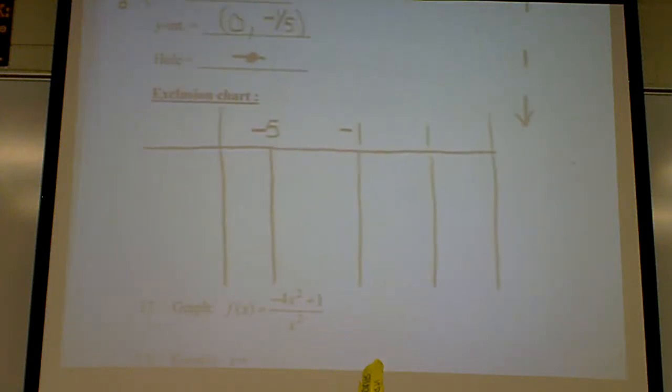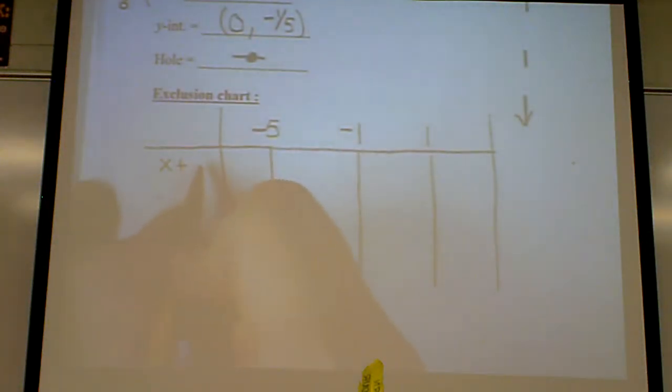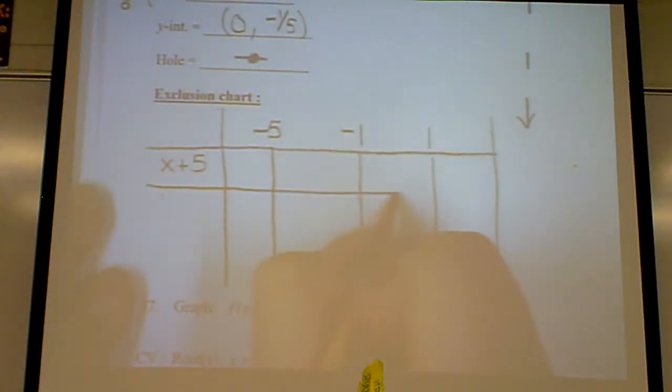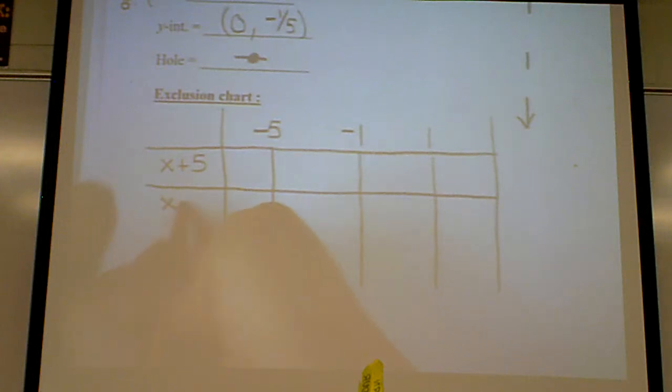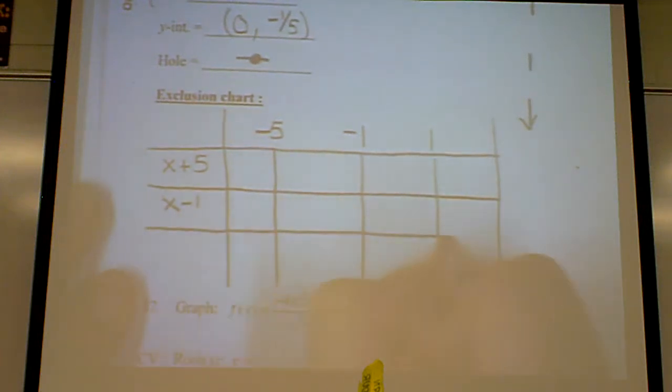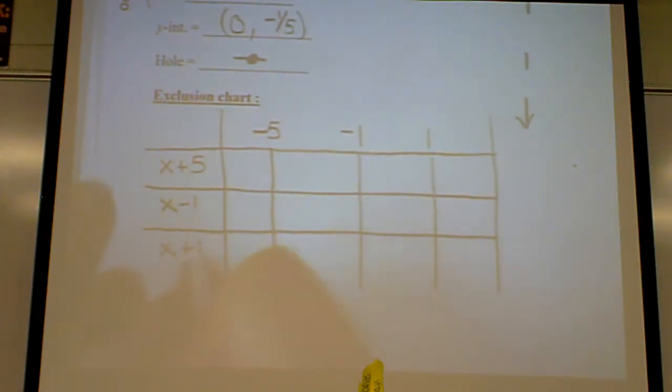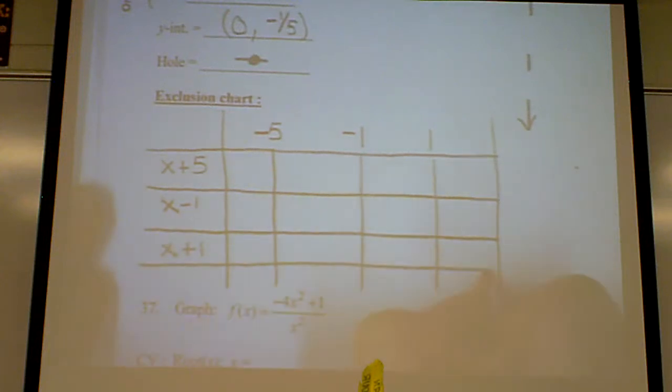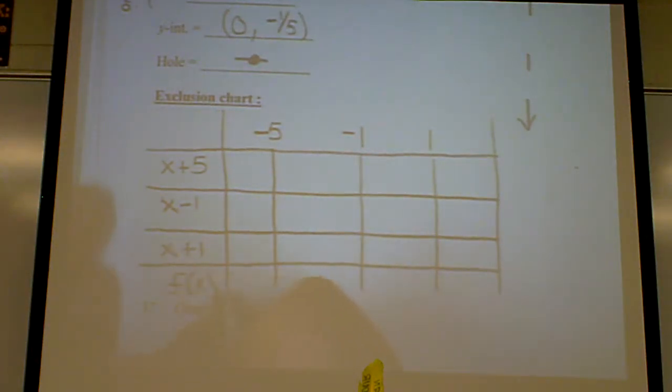X plus 5, x minus 1, x plus 1, and then f of x on the bottom.